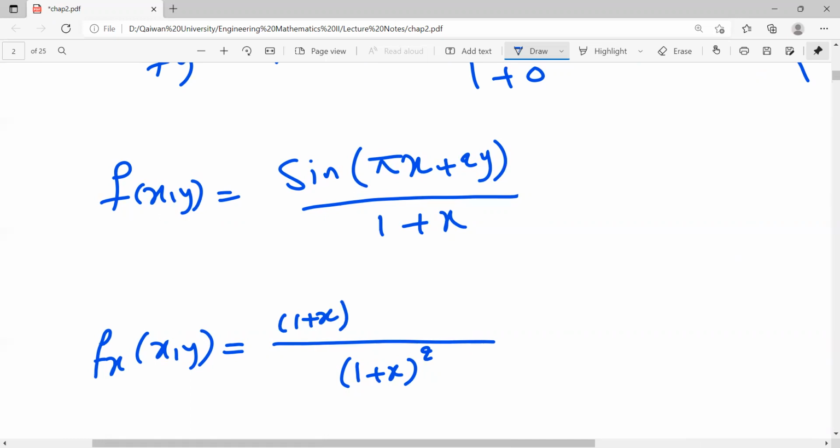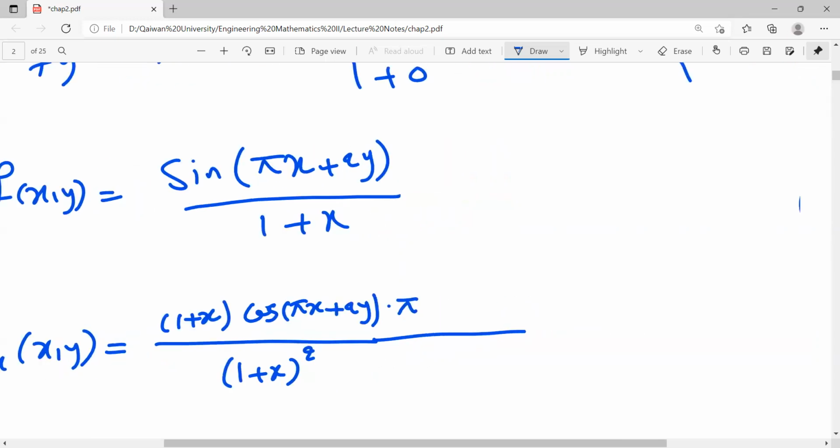Times the derivative of the numerator, which is the derivative of sine(pi x plus 2y). Derivative of sine is cosine: cosine(pi x plus 2y) times the derivative of the angle with respect to x. The second term is 0 because we have no x in it, since we take the derivative with respect to x. And the first term's derivative is only pi.